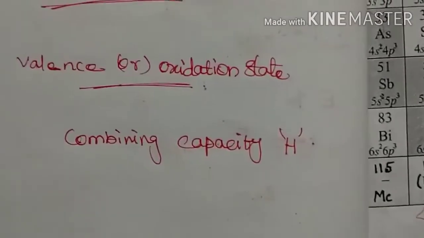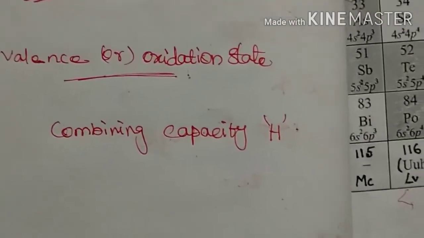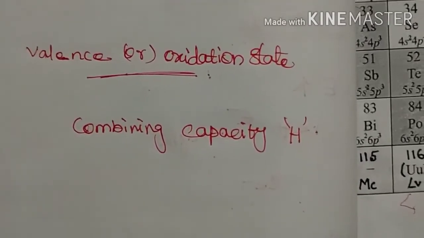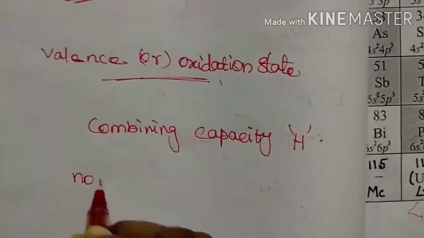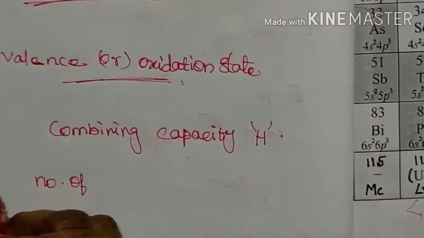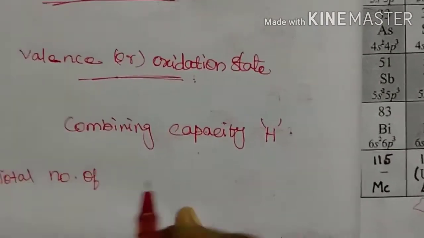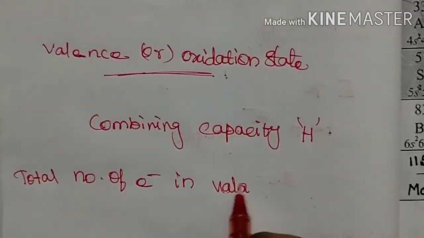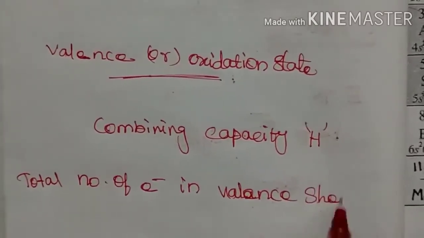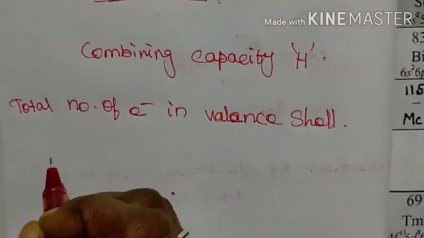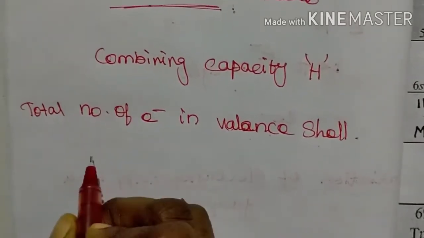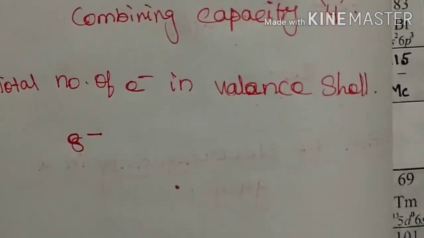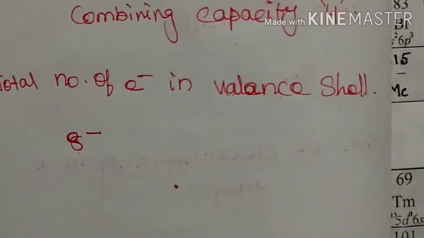This is valency, and generally it is equal to the total number of electrons present in the valence shell, and also it is equal to 8 minus the number of valence electrons.